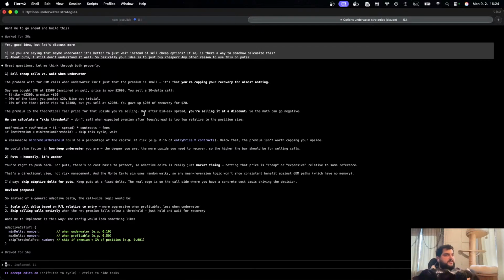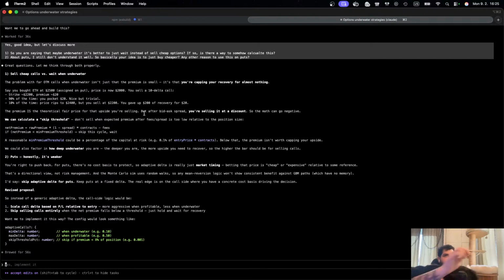So adaptive delta is really just market timing, betting that price is cheap or expensive relative to some reference, not a directional view, not risk management. And the Monte Carlo simulation uses random walks, so any mean reversion logic won't show consistent benefit against GBM paths.